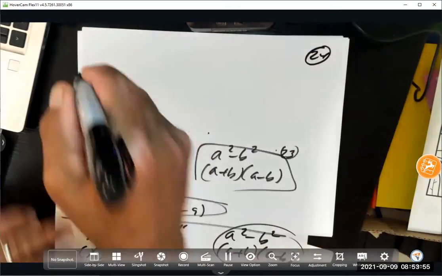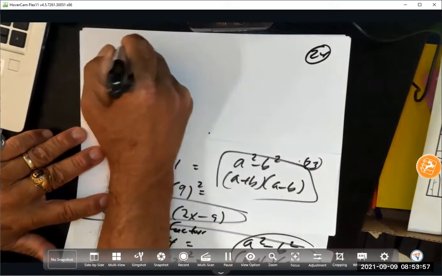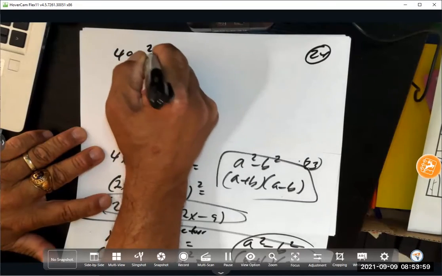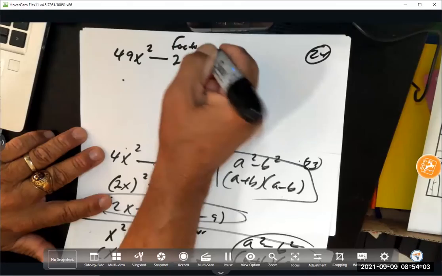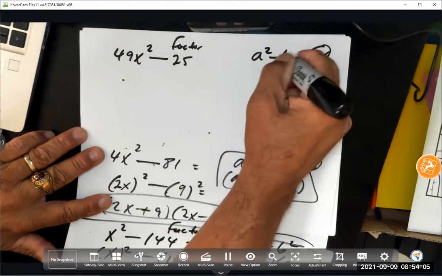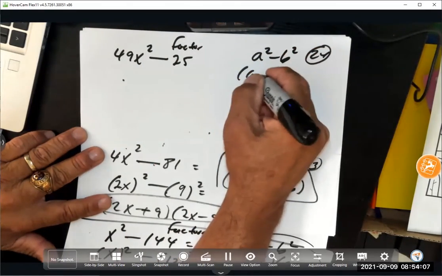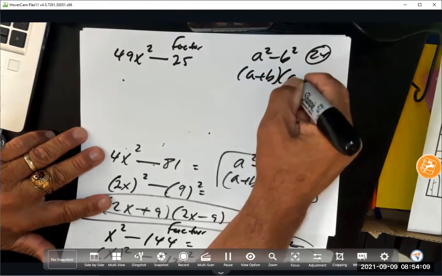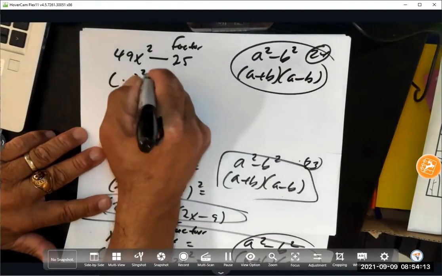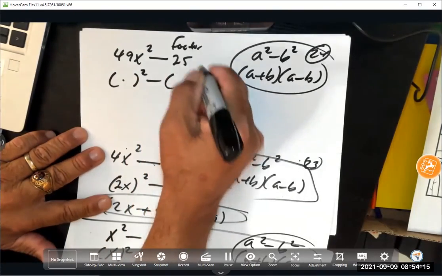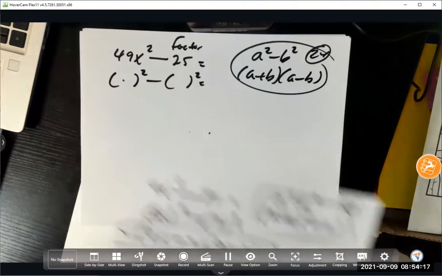Suppose I have a big number. 49x squared minus 25, and it says factor. I say, you know what? I think it looks like that formula again. It's going to be a plus a number and a minus a number. So fix it. What goes in the first block?